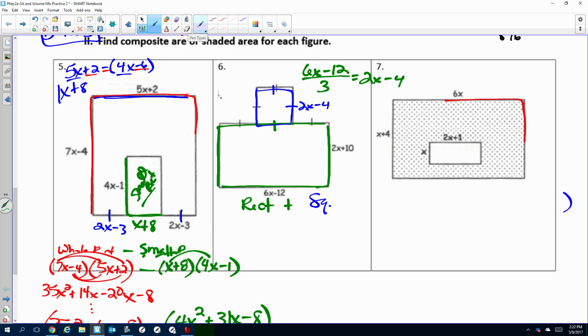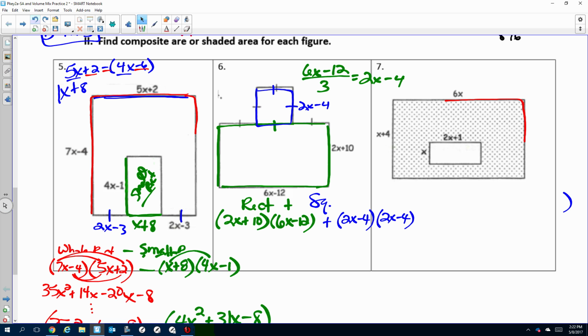Your rectangle is 2x plus 10 by 6x minus 12. So you're going to do box, distribute, whatever, to simplify that expression for that rectangle's area. Then plus 2x minus 4 times 2x minus 4, or 2x minus 4 squared. Simplify that one, work it out, check the partial key.